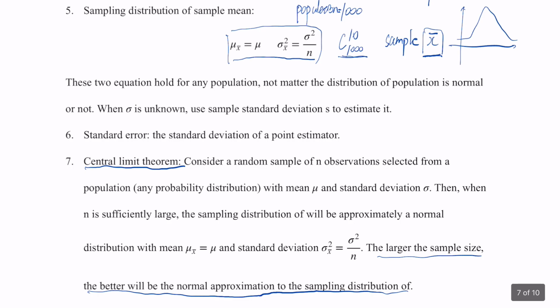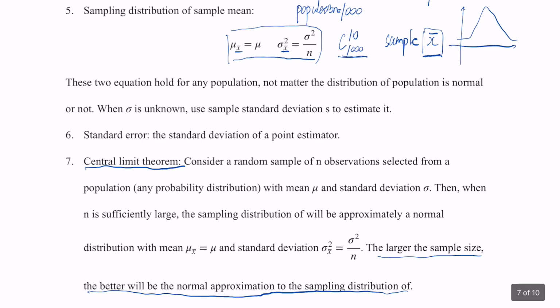And also for the sampling distribution of the sample mean, you need to pay attention to the footnote here, the subscript here and here. This mu is about the sample mean, and this standard deviation and variance are also about the sample mean.